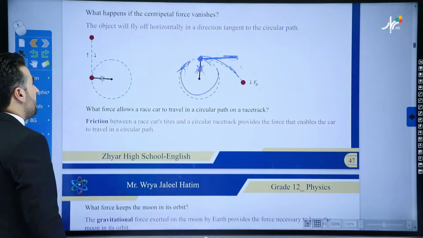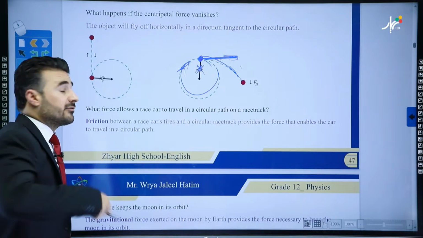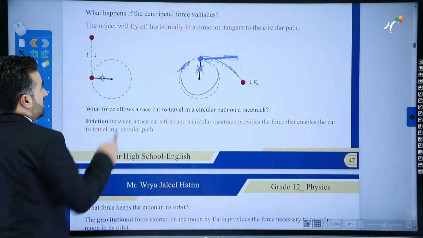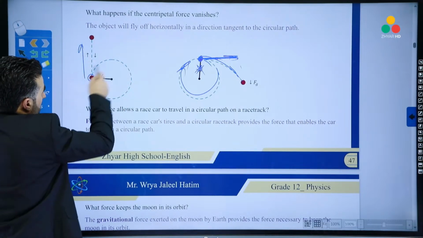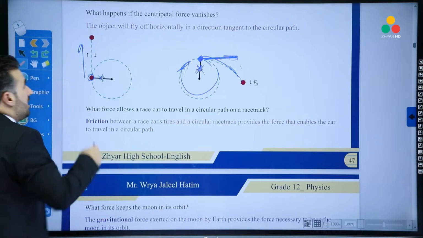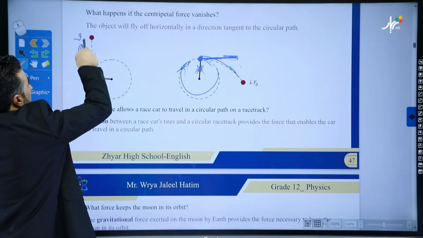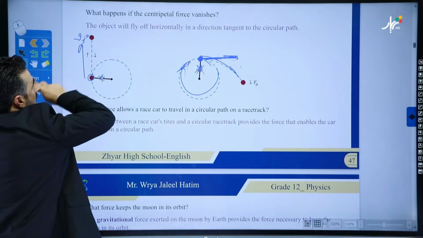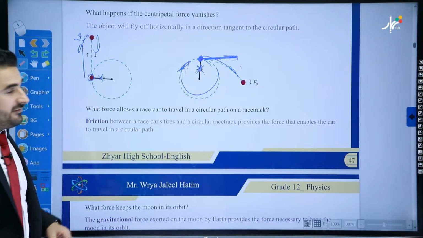But what happens if you are reeling the object vertically, remember, vertically, and then the string is cut at this point? Then of course this mass tries to go in a straight line tangent to this. But what do you think will happen eventually? The speed of the object slows down until it reaches the highest point where the final velocity becomes 0. When it is 0, the object starts to go down, due to the effect of gravity.